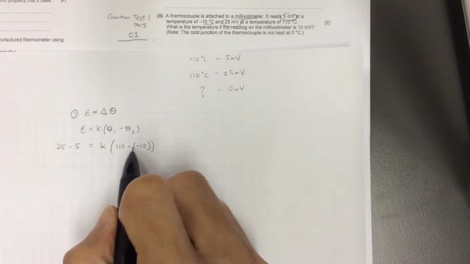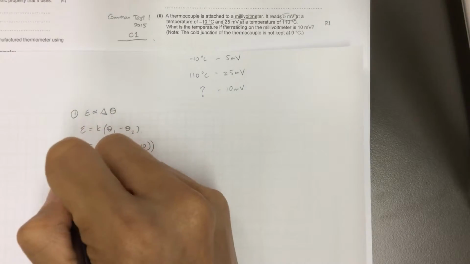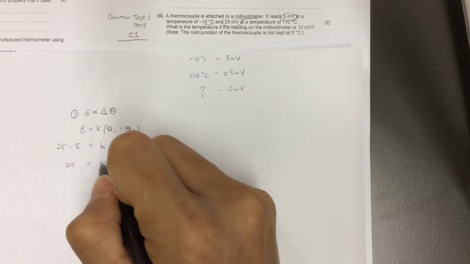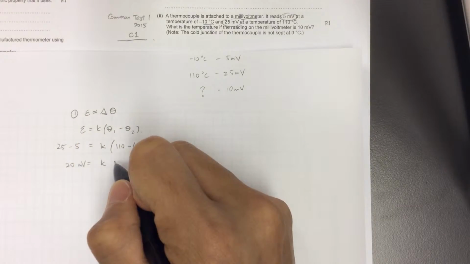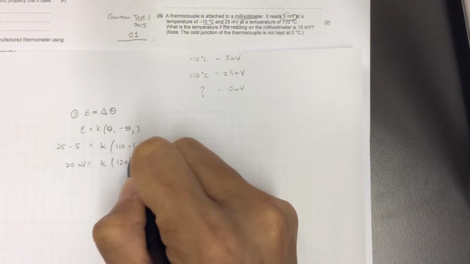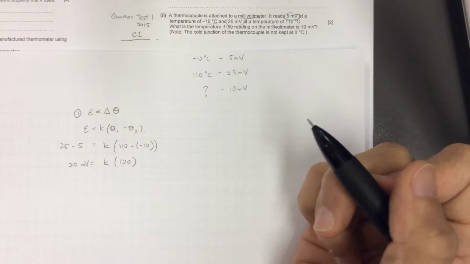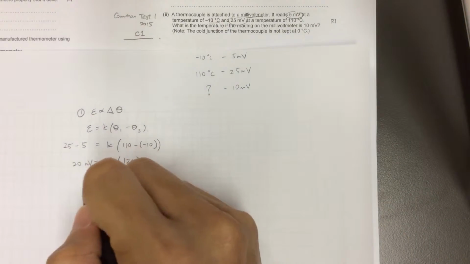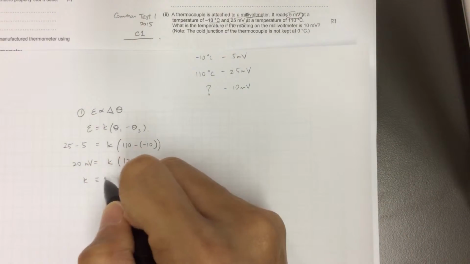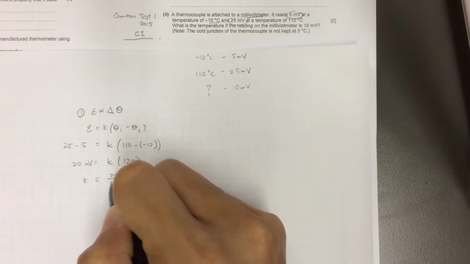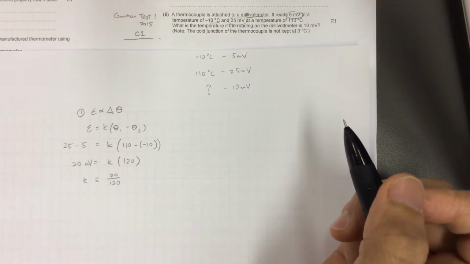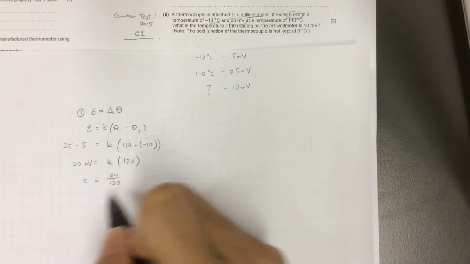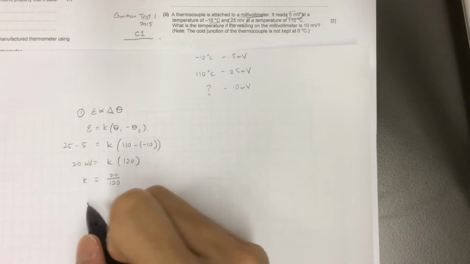Take note of the negative sign when we minus. That gives 120. Okay, when we make K the subject, we will be able to get the constant K in our question. You don't have to evaluate this, you can leave it as it is.